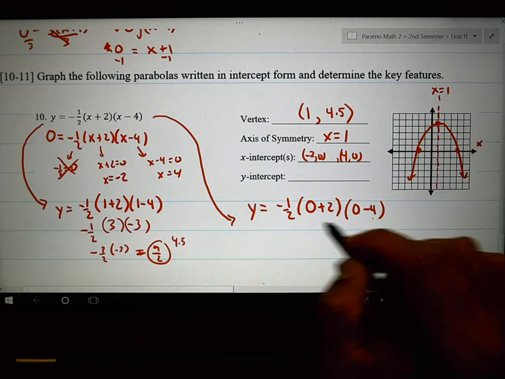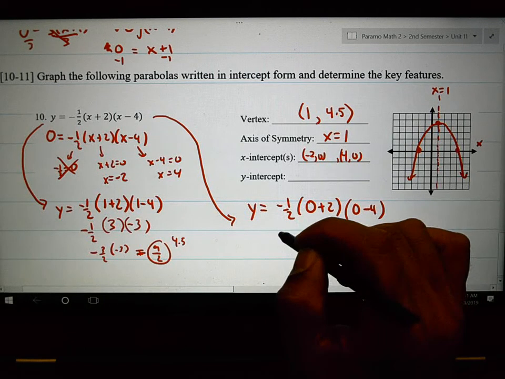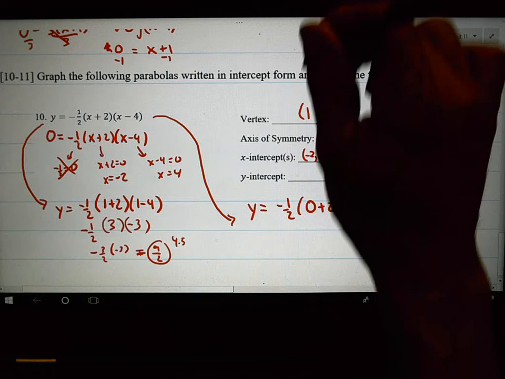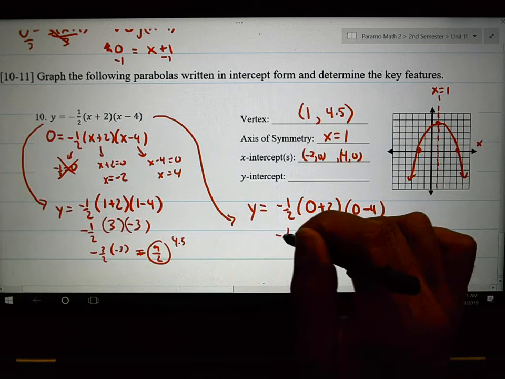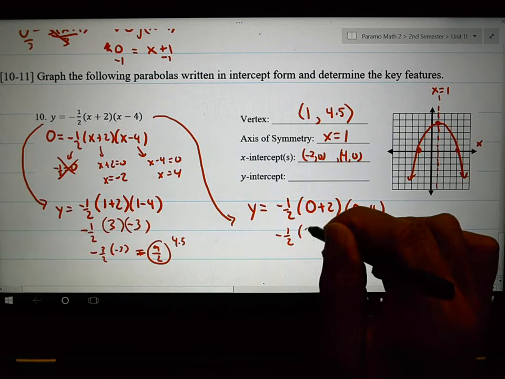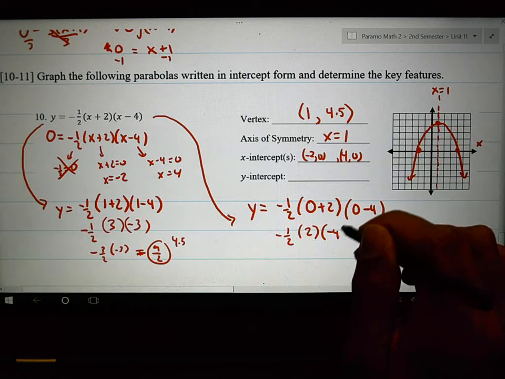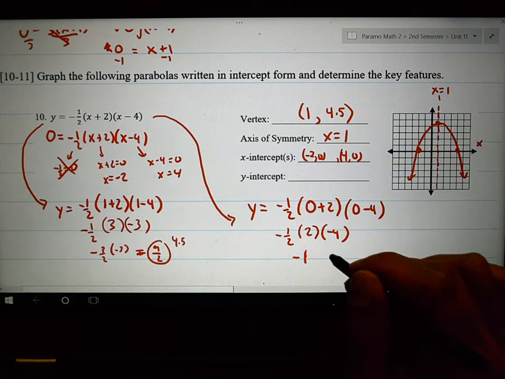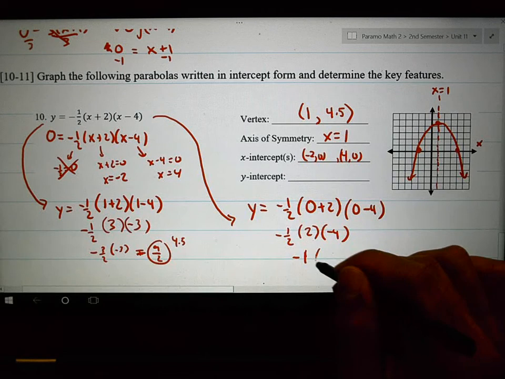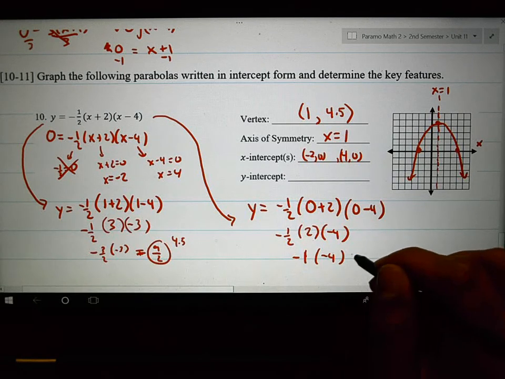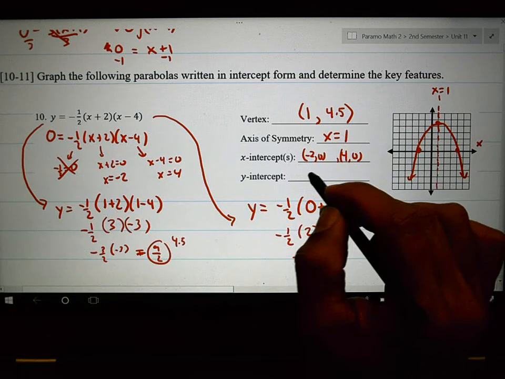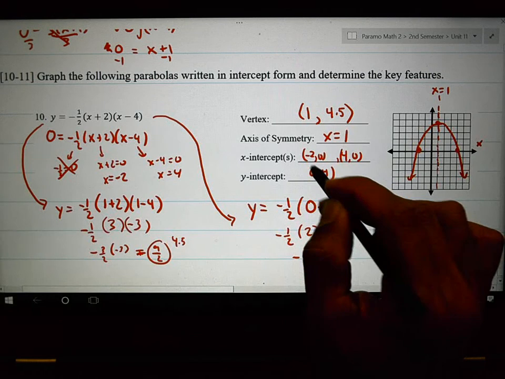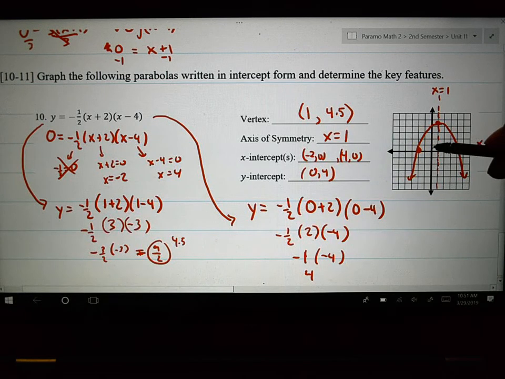Let's figure out what that is. Negative 1/2 times 2 times negative 4. That makes negative 1 times negative 4 is a positive 4. Which kind of makes sense because it means I cross 1, 2, 3, 4. That looks just like what I found in my drawing.